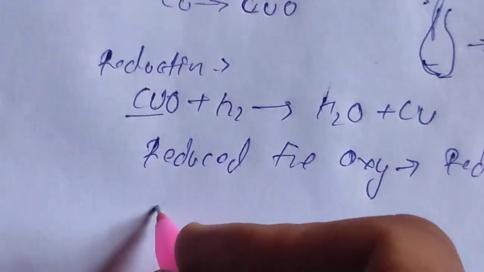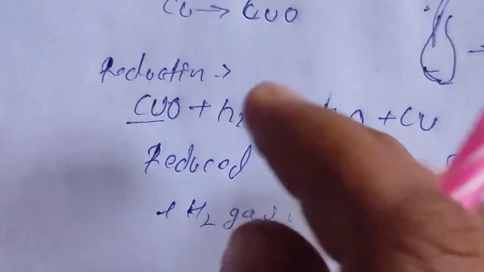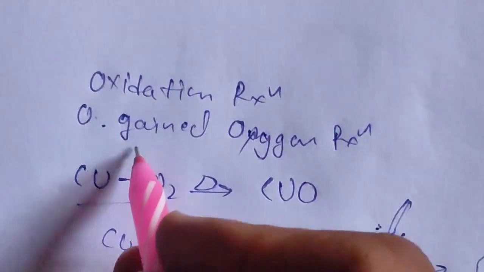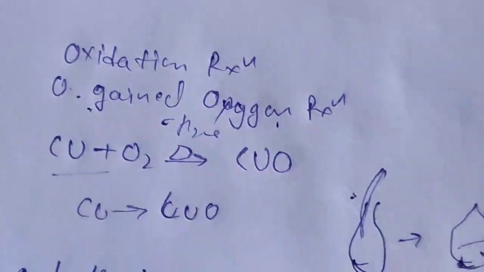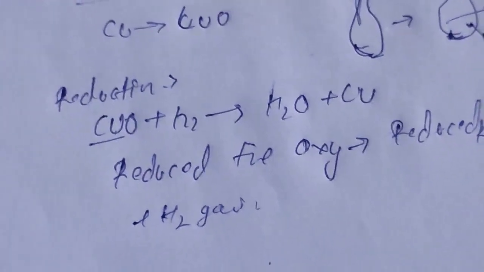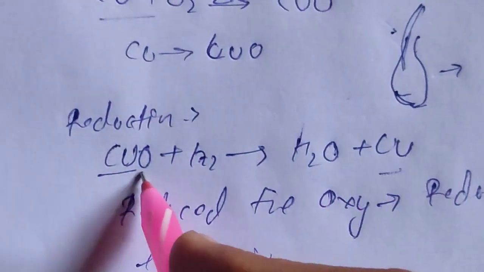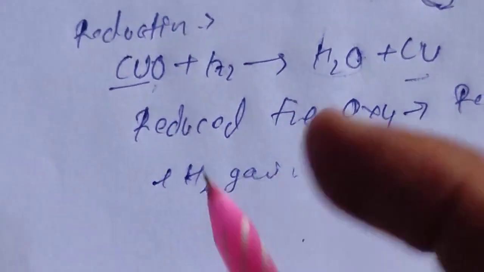We can also say that in the reduction reaction hydrogen is gained, while in the oxidation reaction hydrogen is lost. If we see an example where hydrogen is losing, in reverse order, copper loses oxygen and H2O loses hydrogen. This is again a well-known example of a reduction reaction.